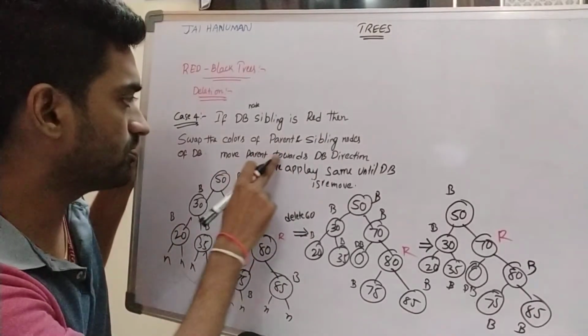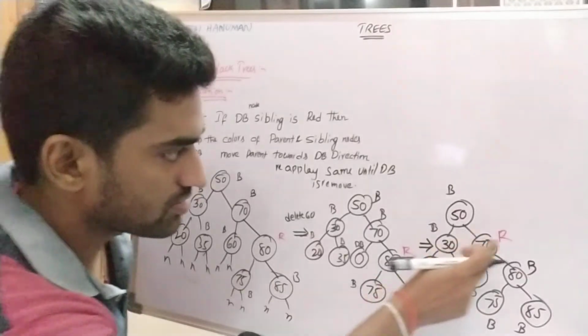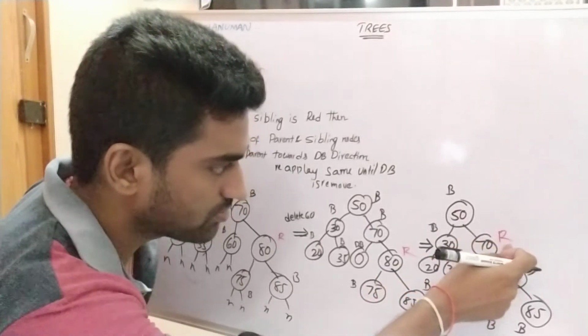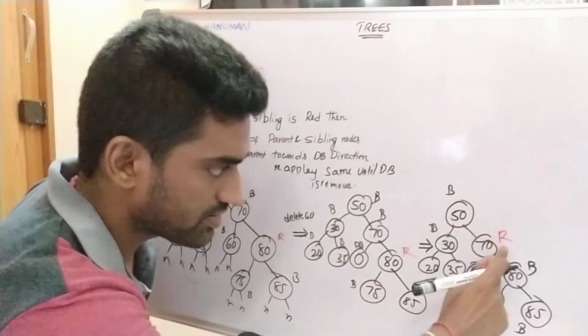Then move parent towards DB direction. So this is the parent. Parent moves towards DB direction. So 70 moves towards DB direction.